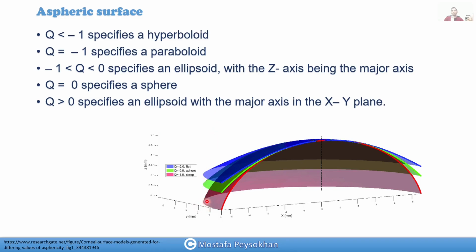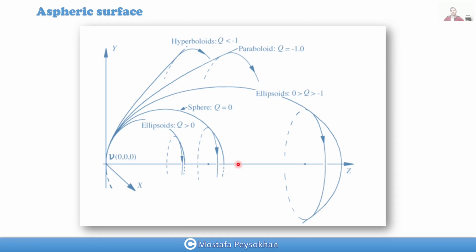So now let's look at those numbers. This is a simulation for Q equal to 0 at the center, and Q equal to 1, 2. Now let's look at another graph. As I mentioned before, when Q is equal to 0, it's a complete sphere that is offset by R from the center. So this is a sphere.